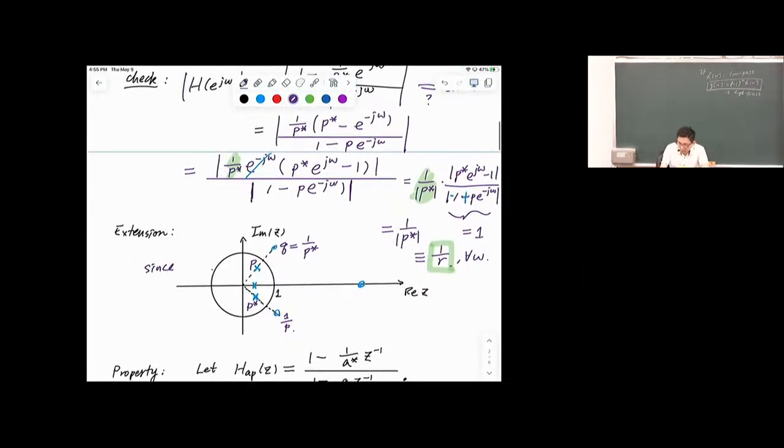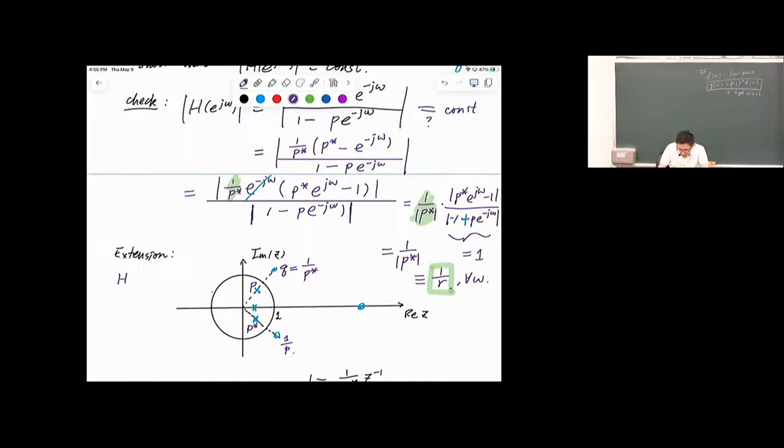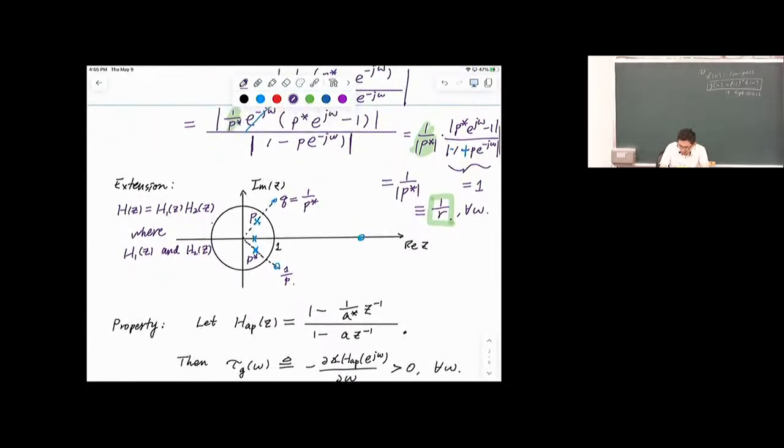This is an extension. If H(z) is H1(z) times H2(z), where H1(z) and H2(z) are first order all-pass, let's take a look.